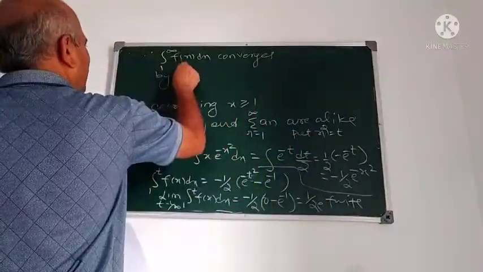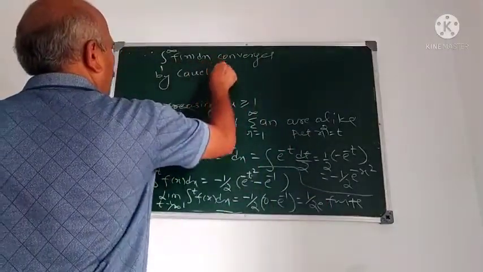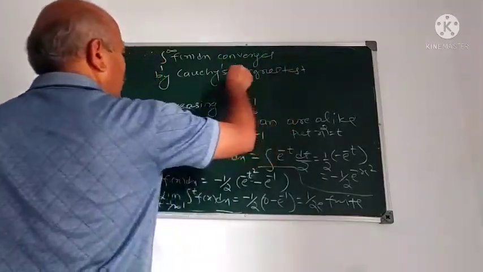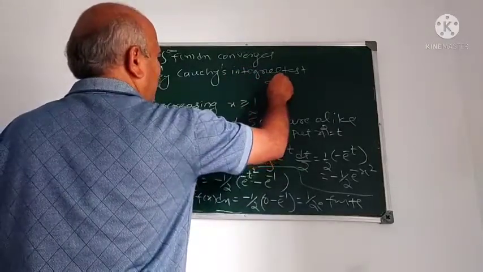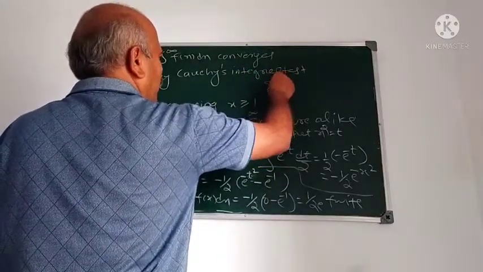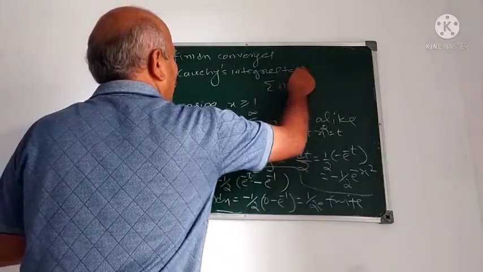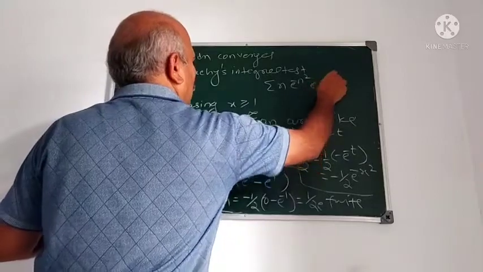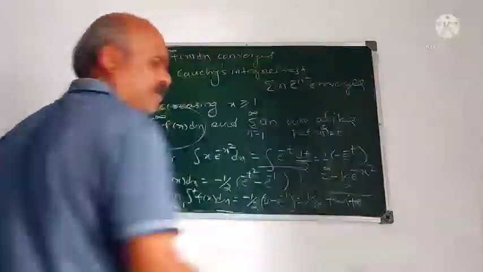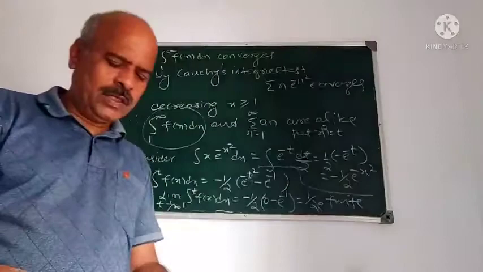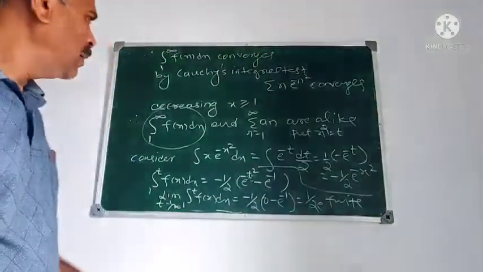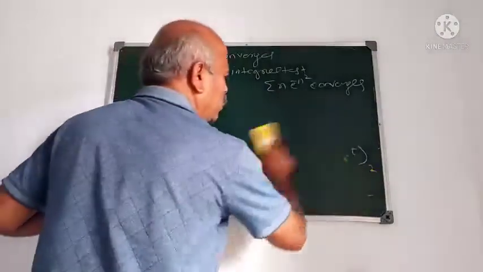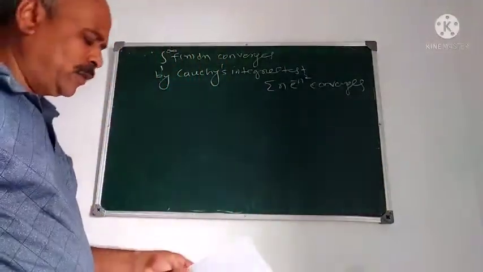By Cauchy's integral test, sigma a_n, that is sigma n e raised to minus n square, converges. I think you followed the solution here. How to apply Cauchy's integral test, or when to apply Cauchy's integral test, that is also important.